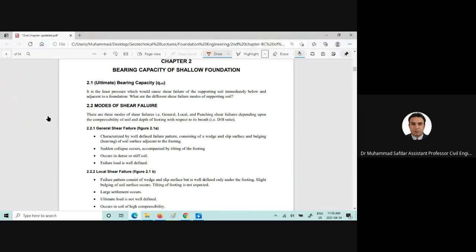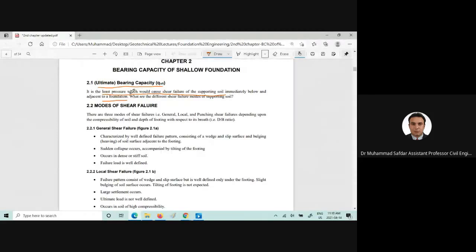So here's the definition. If you want to define more appropriately, the least pressure which would cause the shear failure of the soil immediately below and adjacent to the foundation, that is known as the ultimate bearing capacity.